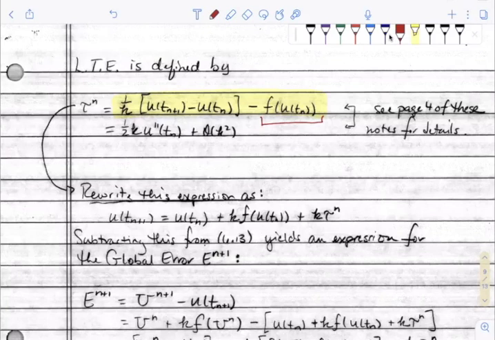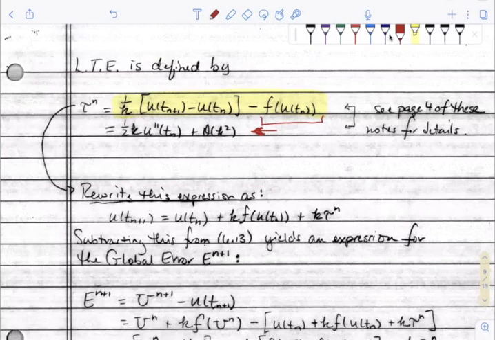Now, I won't go through all the details that we saw before, but everything follows the same as in the previous video. My local truncation error at the nth time step is given by 1/2 k times u prime plus order k squared terms.